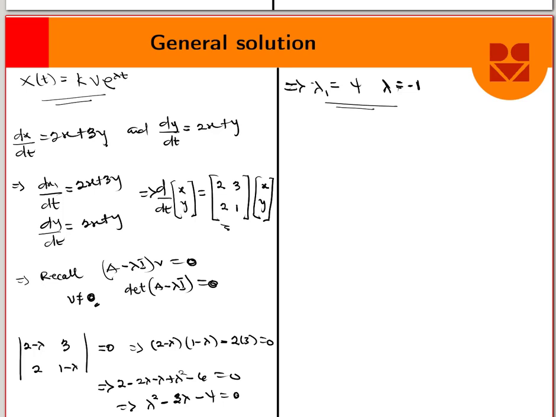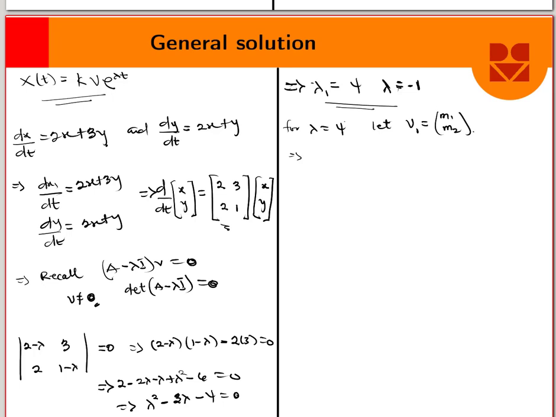So in order to do that, let's start by finding the vector v1. For lambda 1 equal to 4, we let the eigenvector v1 be equal to m1, m2.